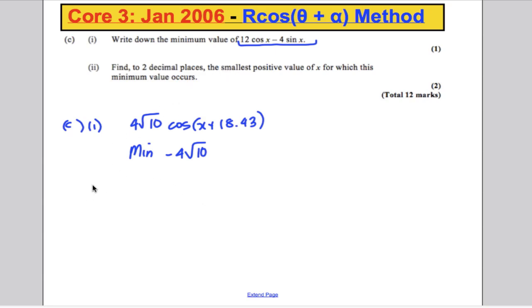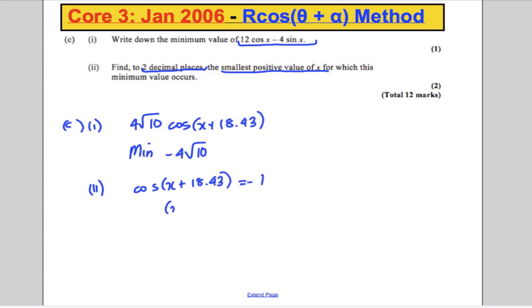And part 2, it asks you to find to 2 decimal places the smallest positive value of x for which the minimum occurs. I want this to be a minimum, the whole thing, so I'm solving where cos of (x + 18.43) is equal to negative 1.